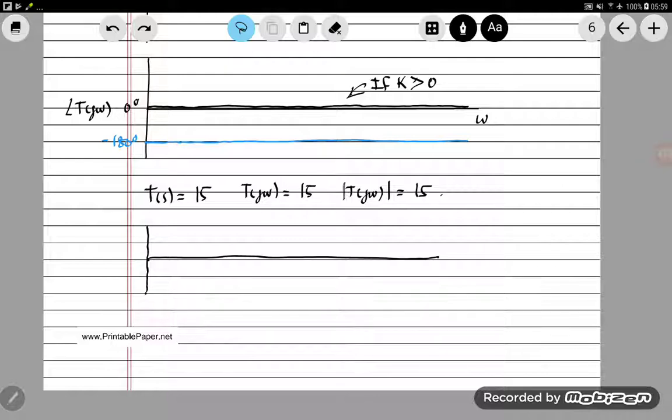To plot it on the decibel scale, we have to take 20 log of that. So we have to work out what 20 log of 15 is. If you work that out, that should be around 23.5 decibels.